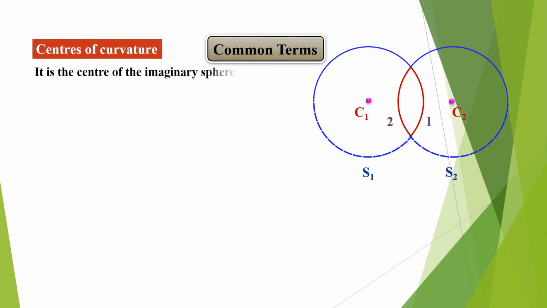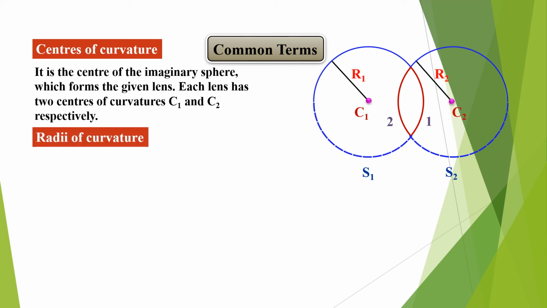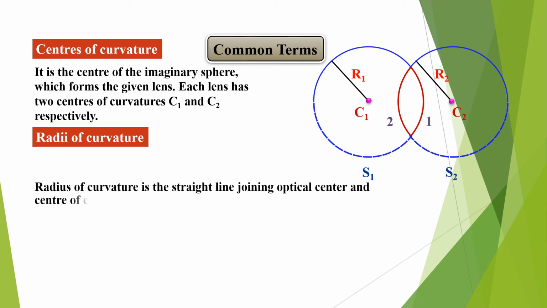What is the center of curvature? Center of curvature is the center of the imaginary sphere which forms the given lens. Each lens has two centers of curvature, C1 and C2 respectively, where R1 and R2 are the radii of curvature. The radius of curvature is the straight line joining the optical center and center of curvature.